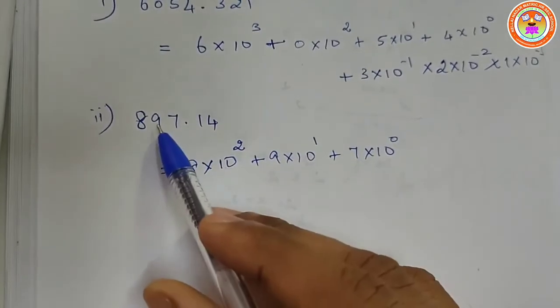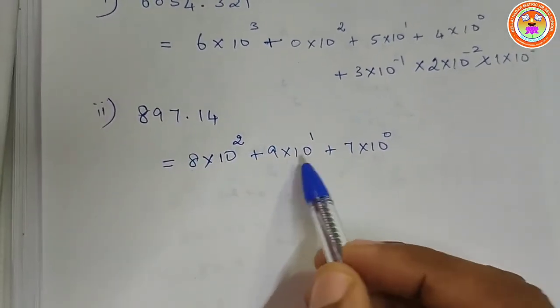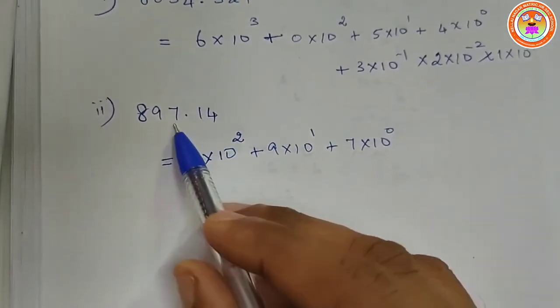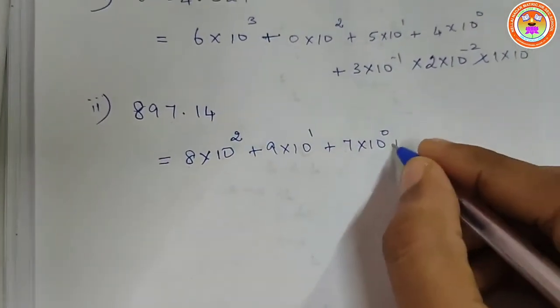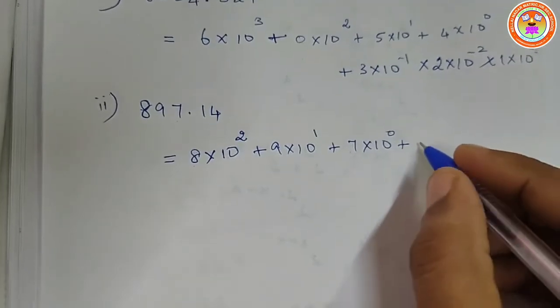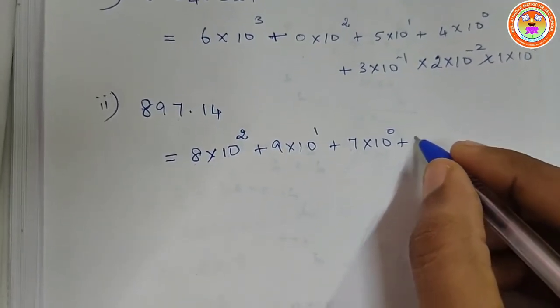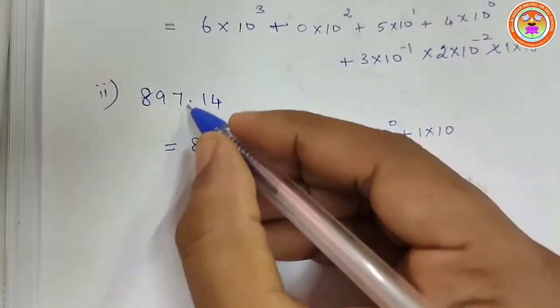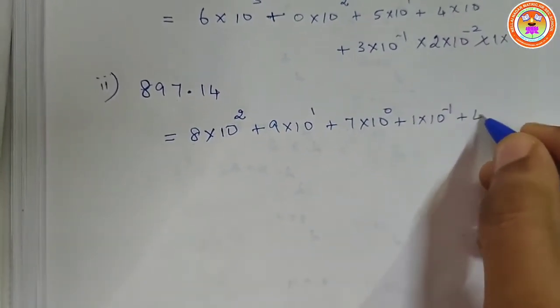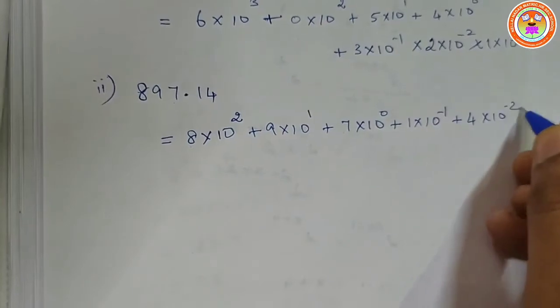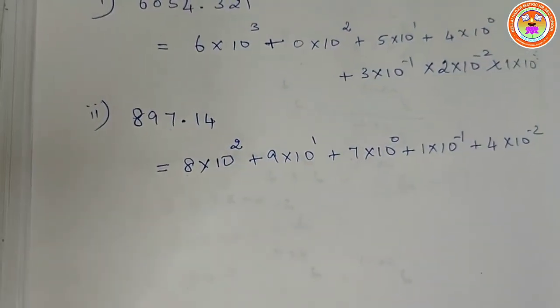This 9 is in the 10th place, so 10 power 1. 7 is in the one's place, so into 10 power 0. Plus this 1 is in the tenth place after the decimal point, so you have to put minus 1, plus 4 into 10 power minus 2. Are you able to understand, children?